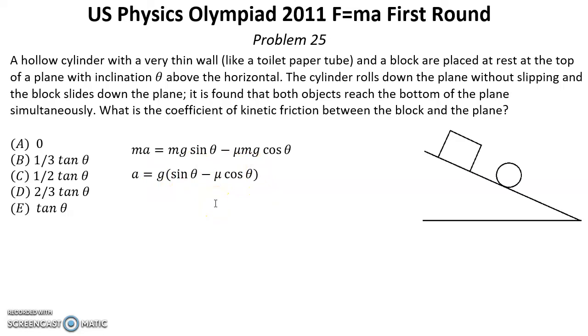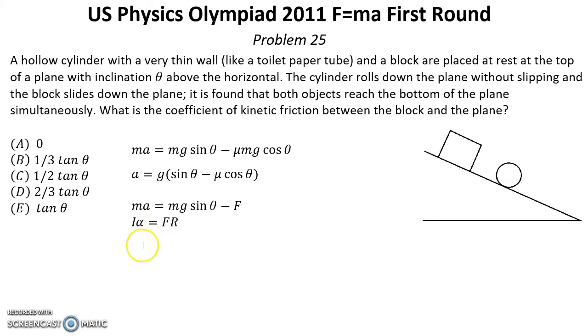For a rolling cylinder we have these two equations. The first equation is translational motion for the cylinder: ma equals mg sine theta, where mg sine theta is the force of gravity in the direction of this incline, minus the force of friction. The other equation is for rolling. We have I alpha equals force of friction multiplied by radius, which is torque.